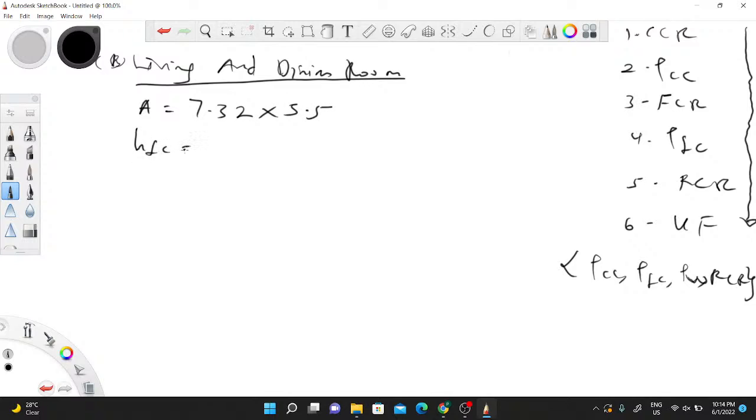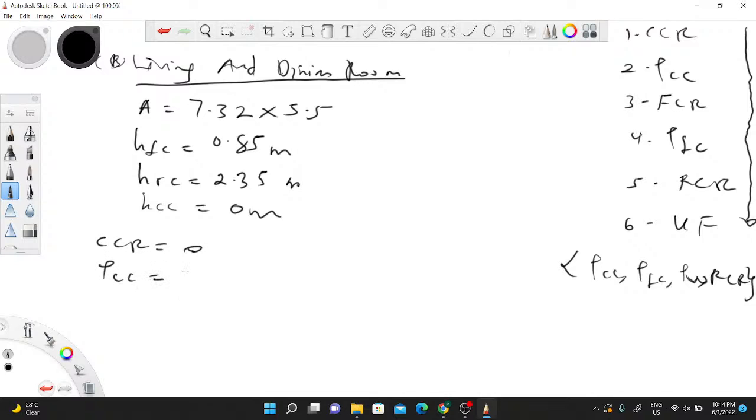The floor cavity ratio for this is 0.85, and we calculated our room cavity ratio to be 2.35 meters. The ceiling is hanging, so the light is stuck to the ceiling, so this is 0 meters. So our CCR is 0, and we go to our table and our row CC will be 80%. Steps 1 and 2 are done.